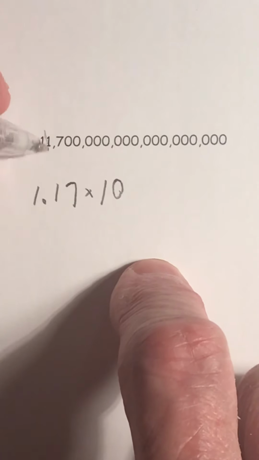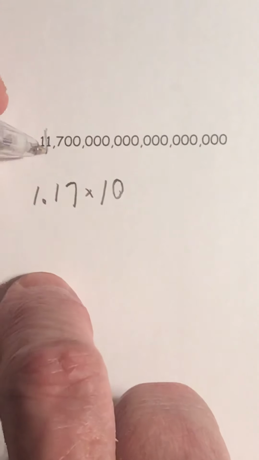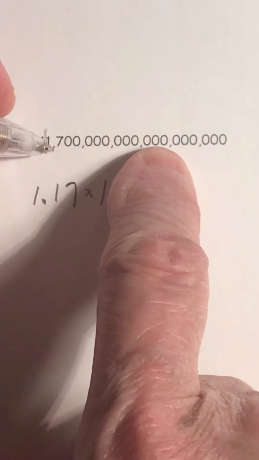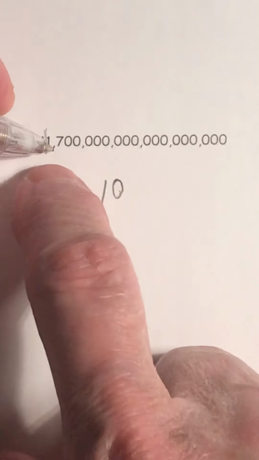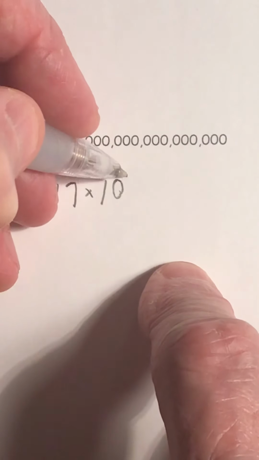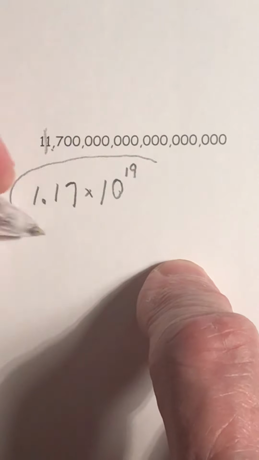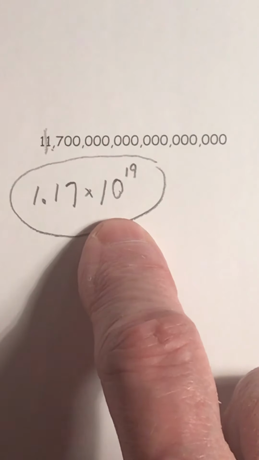If it's starting out right there between those ones, it's 1 place, and then 3, 6, 9, 12, 15, 18. 1 and 18, 19 places. 1.17 times 10 to the 19th is the same number.